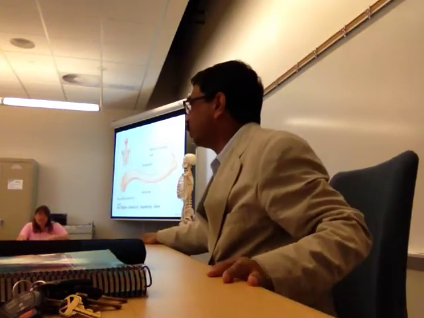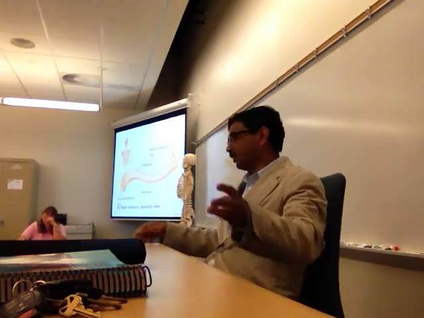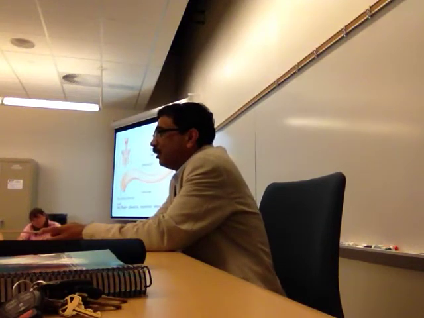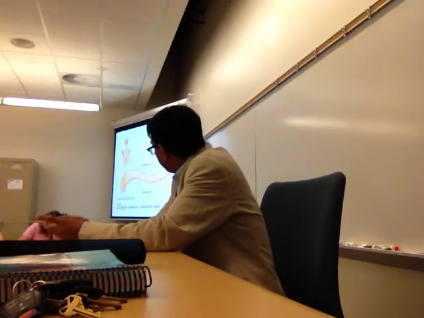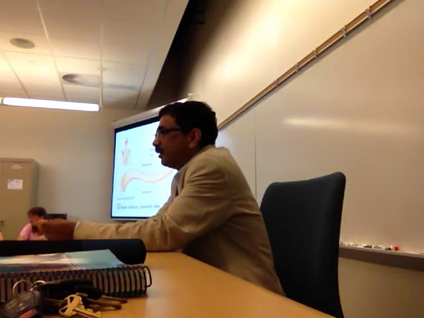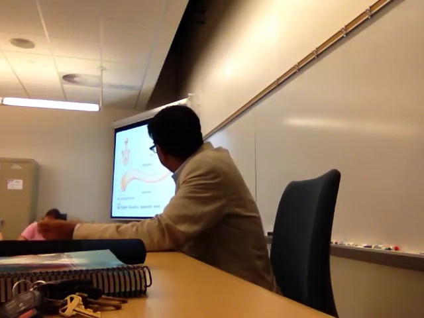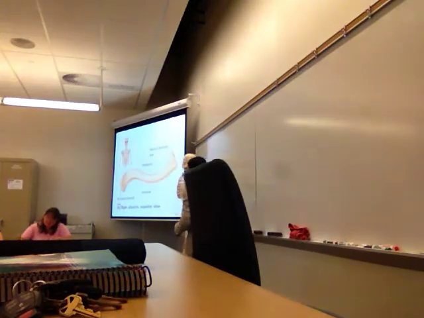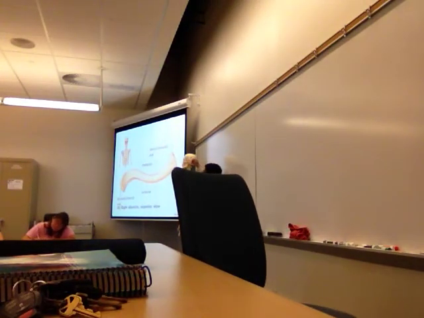So we'll talk about those two pectoral girdle bones first. Clavicle. This is the clavicle, and it has two ends, sternal end and acromial end. If you see the clavicle in the skeleton, it is a long bone but placed horizontally.